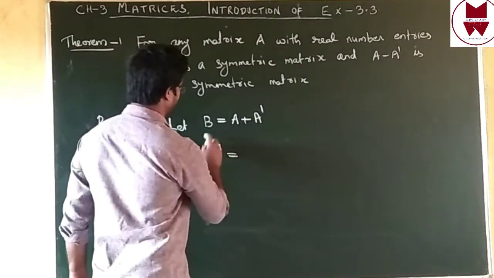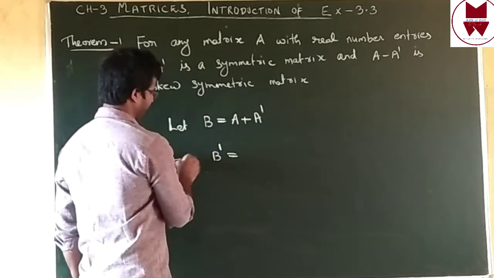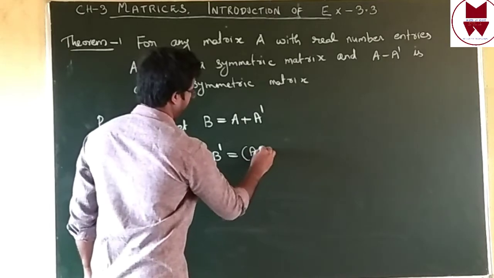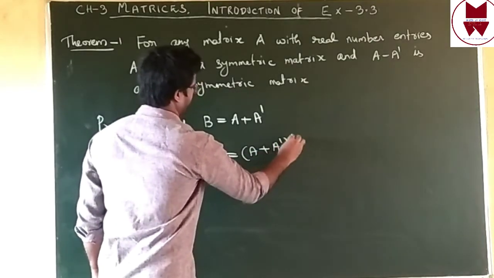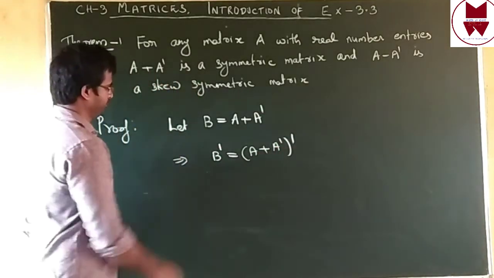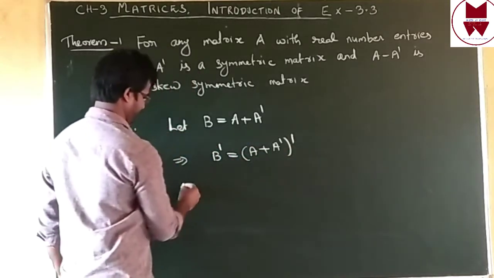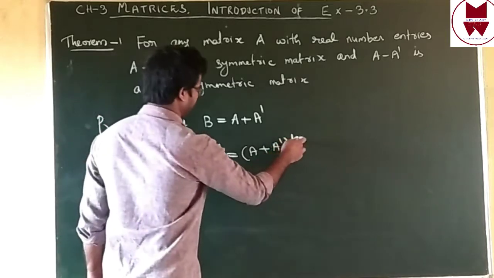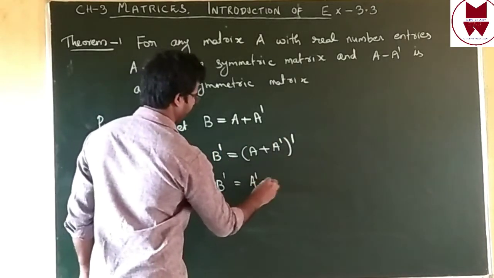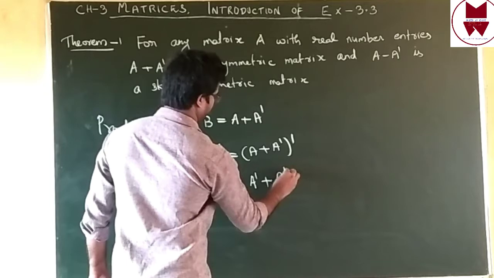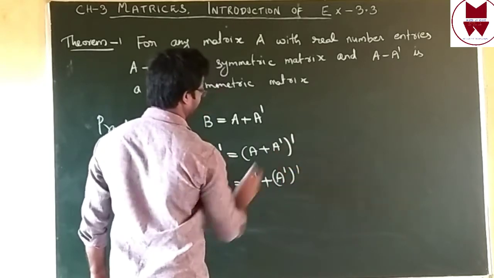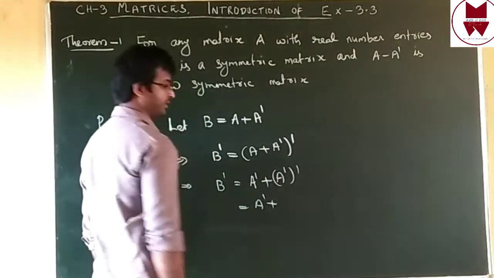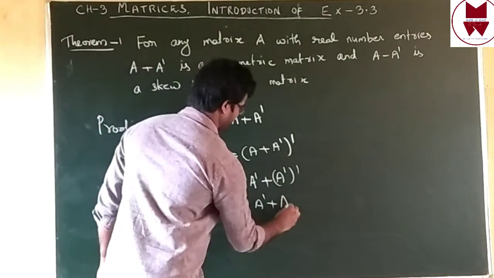B dash equals (A plus A dash) all dash, because if you give a dash on the left side, you also have to give it on the right side. That means transpose. Both sides I have given transpose. Then the transpose is A dash plus A dash dash. If you take transpose twice, you will get the same.